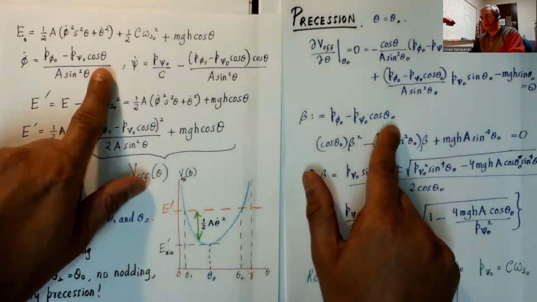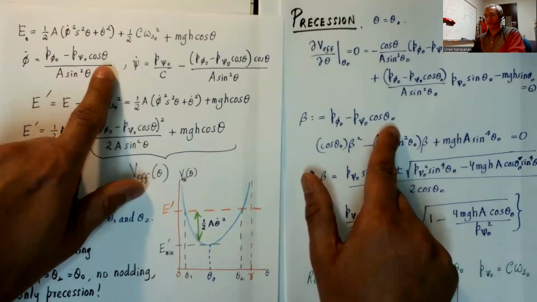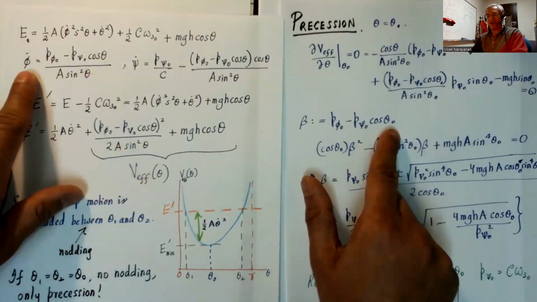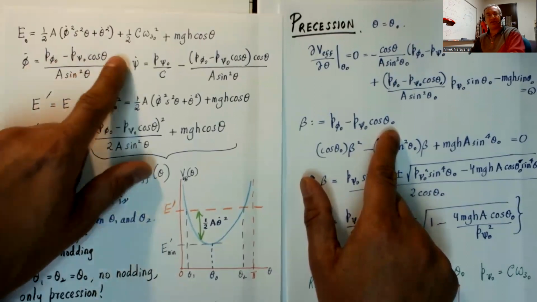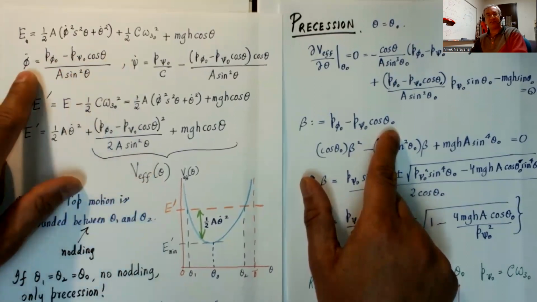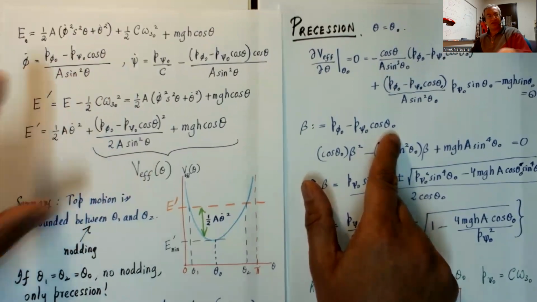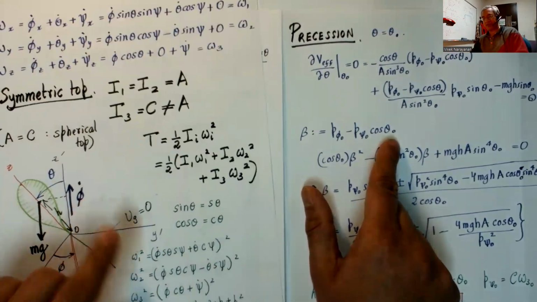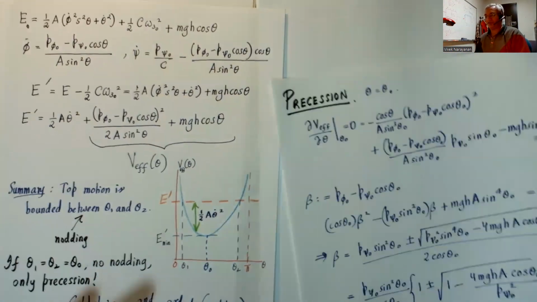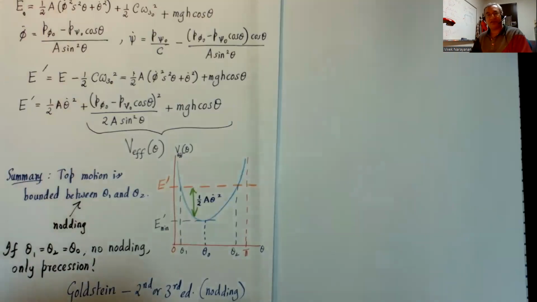If I put cosine theta naught and sine squared theta naught there, I'm going to call this phi dot naught. And that becomes a constant precessional velocity. Remember that the precessional velocity is precisely phi dot. So now we have all the ducks in a row, and we can write down our precessional angular velocity.